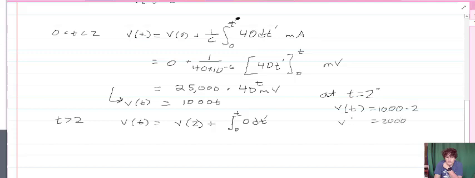So now we know V of 2 has to be 2,000. It can't change instantaneously, and so it has to be 2,000 on this side as well. And this is in volts, and this is in volts. So 2000 volts.